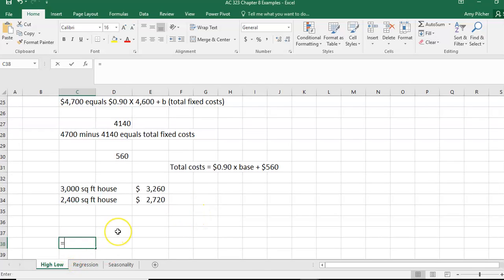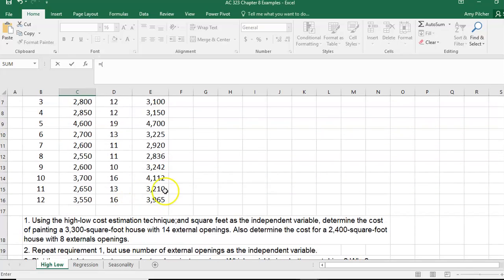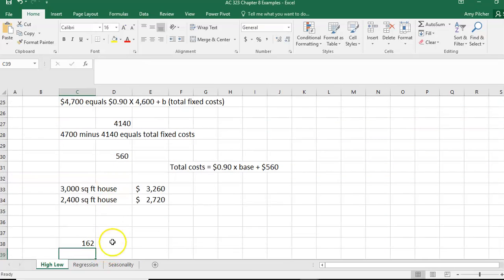So we have our high cost minus the low cost, divided by our high activity base minus our low activity base. This gives us a cost of $162 per external opening.